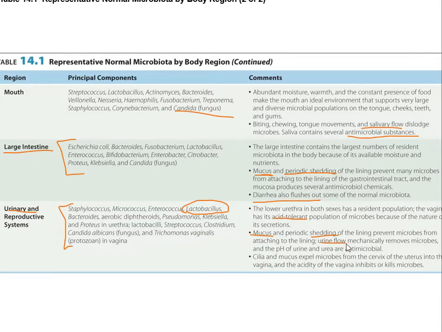The urinary flow is going to help to mechanically remove microbes, and cilia and mucus also help to expel microbes from the cervix of the uterus into the vagina, and then the acidity of the vagina, like I said, inhibits and kills them.